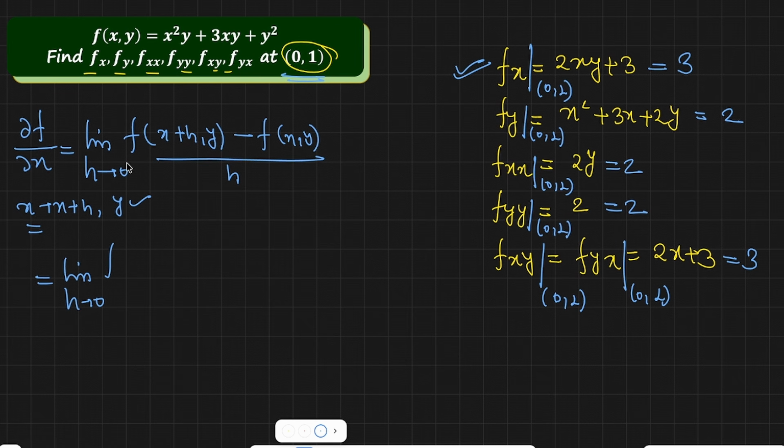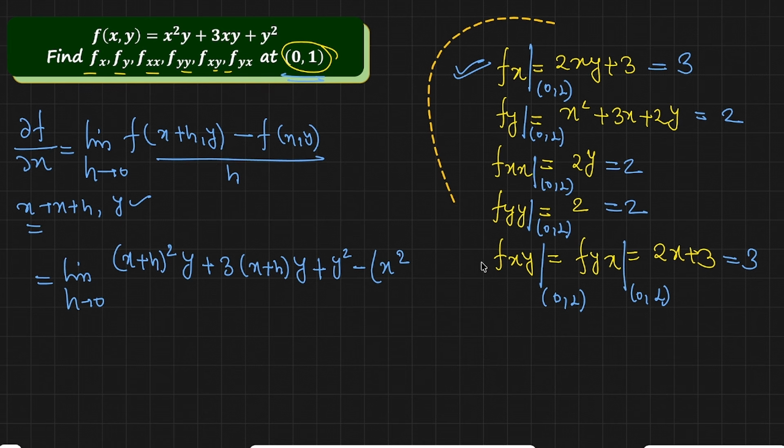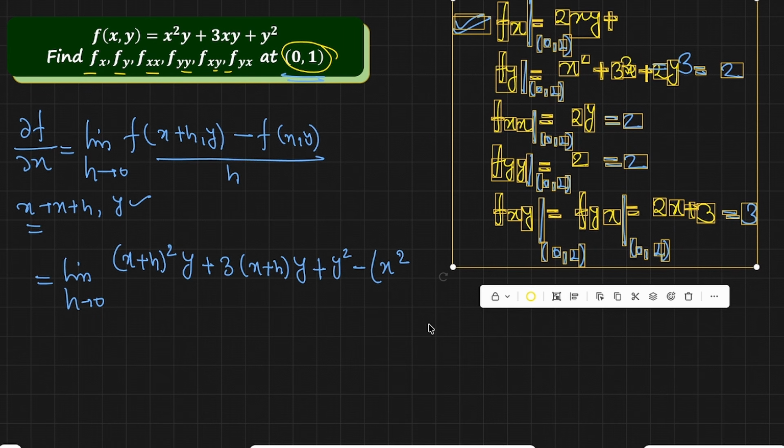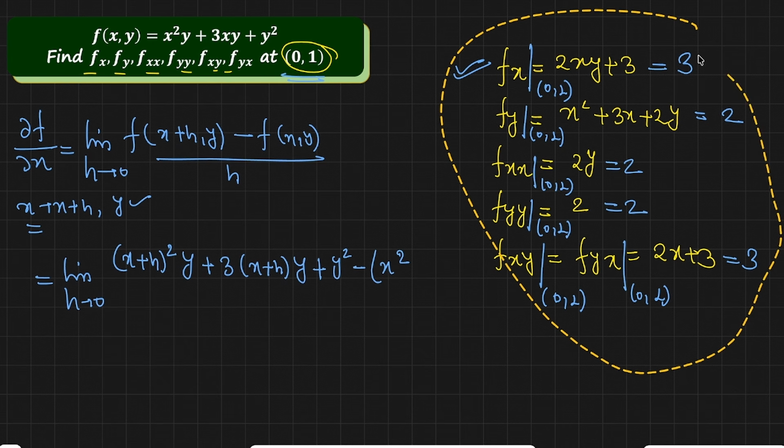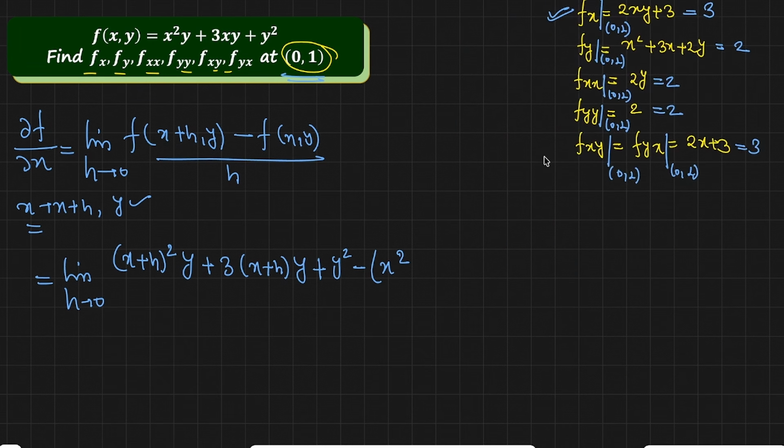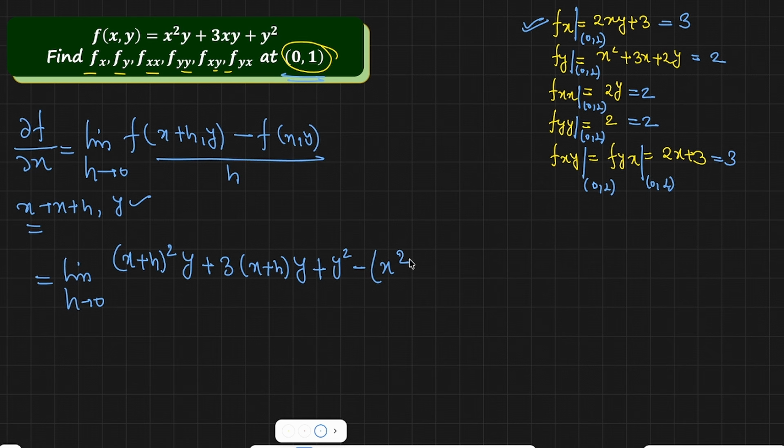Your f is x square y plus 3xy plus y square, so it means x plus h whole square into y plus 3 into x plus h into y plus y square, minus f of x comma y, which is x square y plus 3xy plus y square, divided by h.